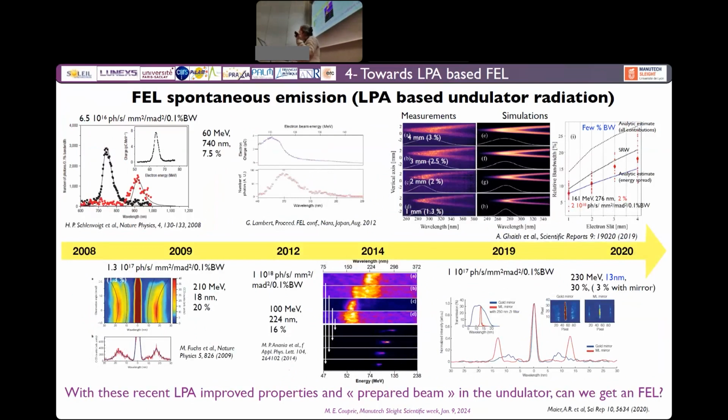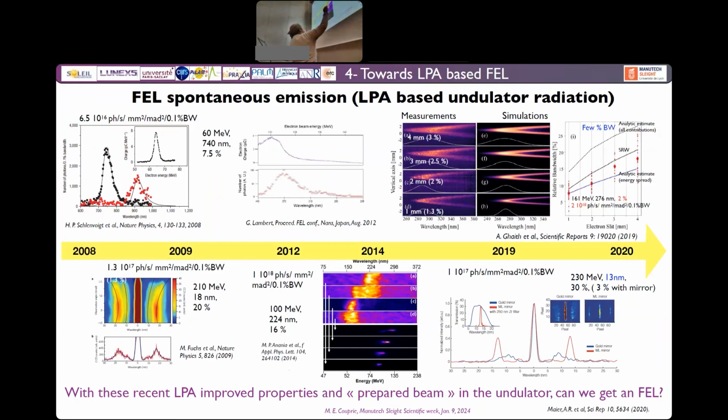So there have been first measurements here, then at LOA with the first undulator. Then, going down in wavelengths, 18 nanometers here in England, 224 nanometers, here in Germany, 13 nanometers.